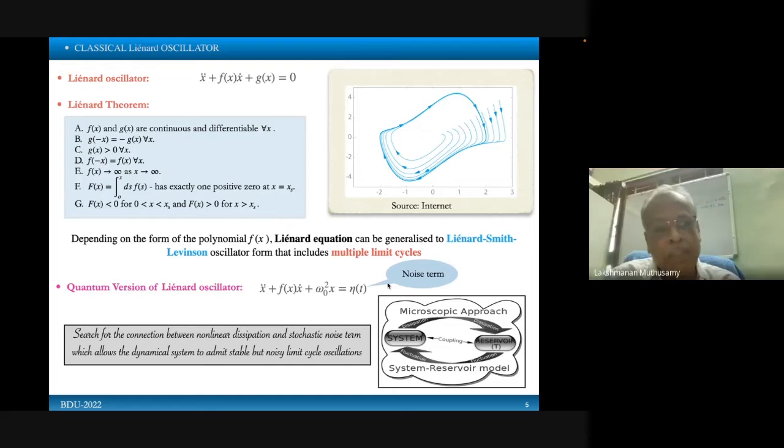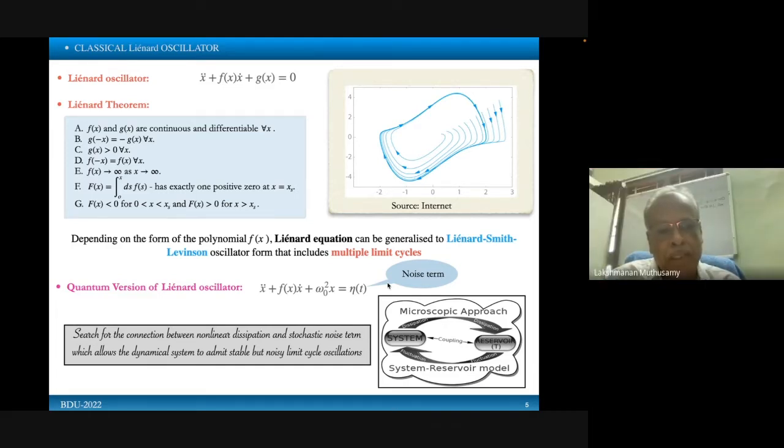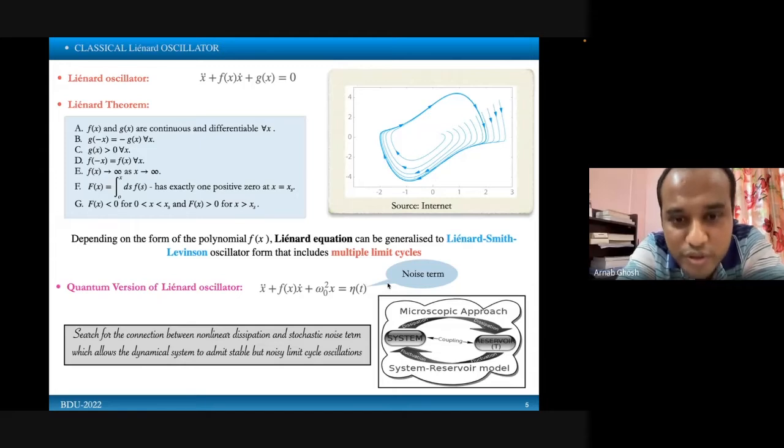So you have alternate descriptions even for the damped harmonic oscillator, as well as for this class of Liénard type oscillators. One can proceed from that point of view to study even the kind of oscillators you are mentioning. I just want to point out that these Liénard type oscillators may have complicated transformations by which you can map them down to a Hamiltonian description. Okay, thank you.